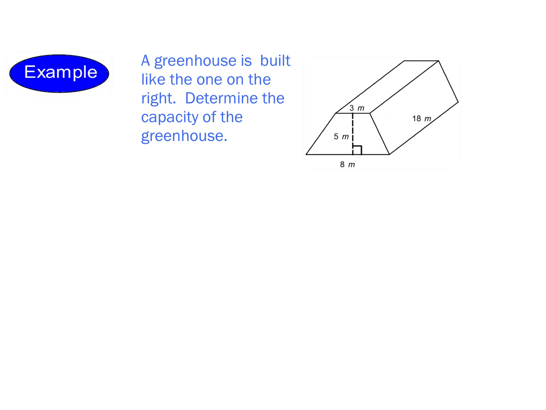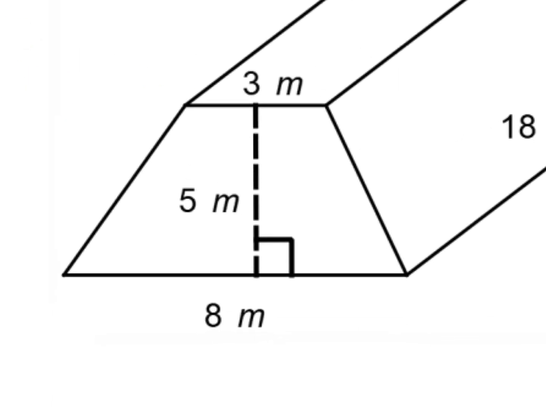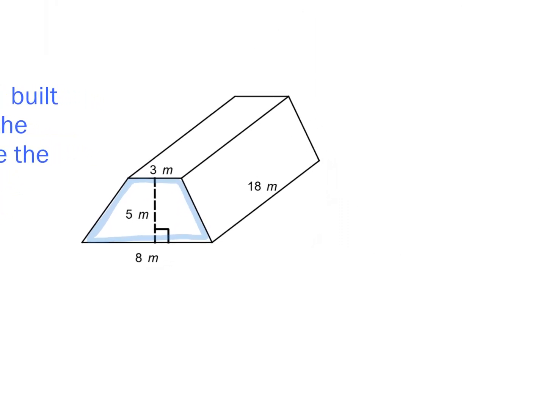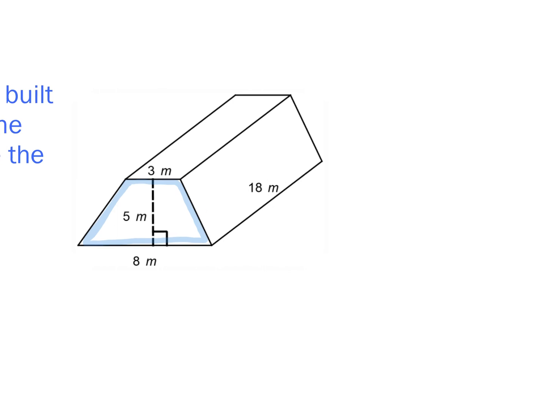And what's true about them all is, if you can look at this right here, and if you can find the area of this front and then just multiply it by this length right here, that's going to give you the volume.